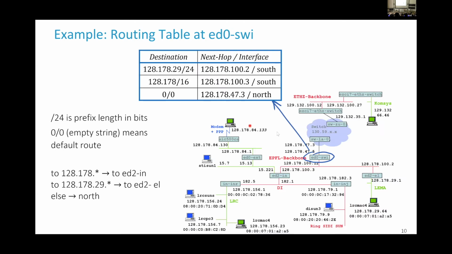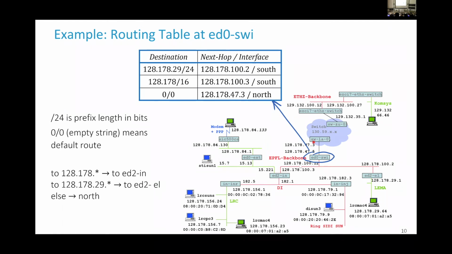Here's an example of the network that we had at EPFL last week already. If I look at this box, which is a router between two networks, it has only 2 interfaces, at least on this figure. It has a local area network, which corresponds to this prefix, 128.178.100. At EPFL, the prefix lengths, the subnet masks, are 24 bits.